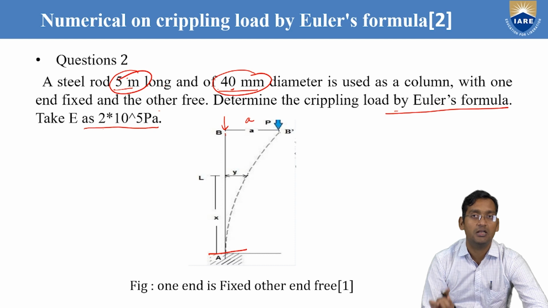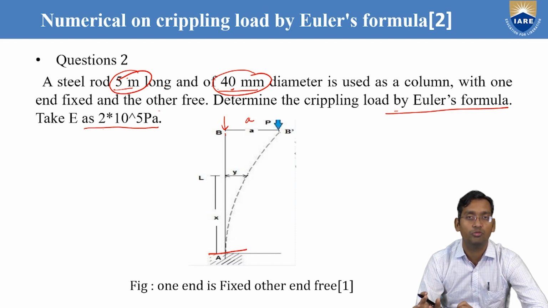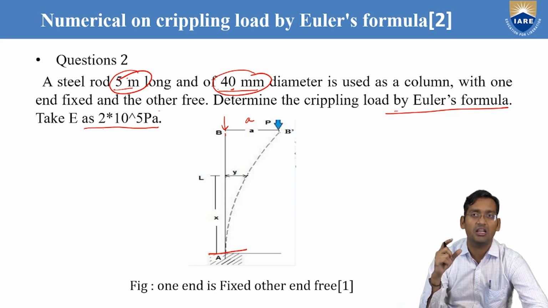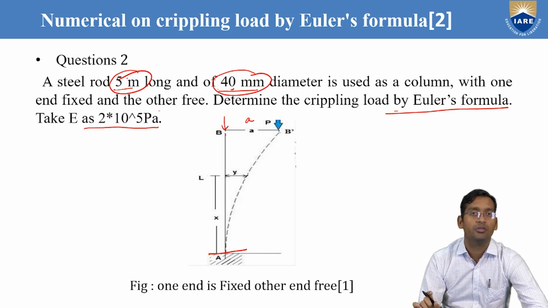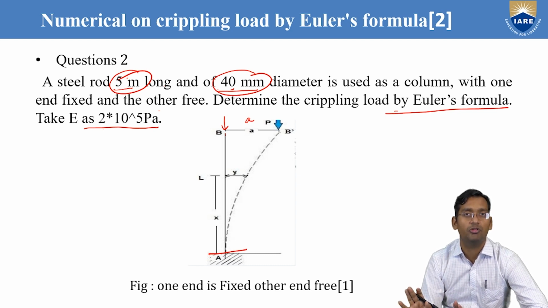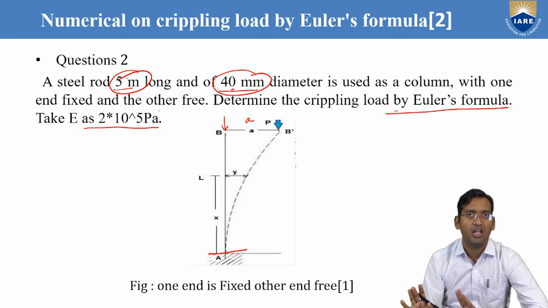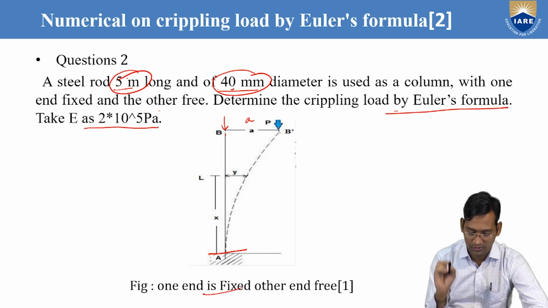Based on the condition, whether both ends fixed, both ends pinned or hinged, one end fixed and one end free, each condition has a different equivalent length. You have to remember that equivalent length and substitute accordingly. The remaining formula will be the same; only the equivalent length will differ with the condition. Here one end is fixed.